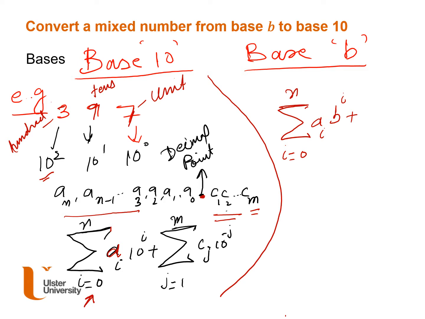And for the decimal part, it would be the sum for j starting from 1 till m of c_j times b to the power minus j.